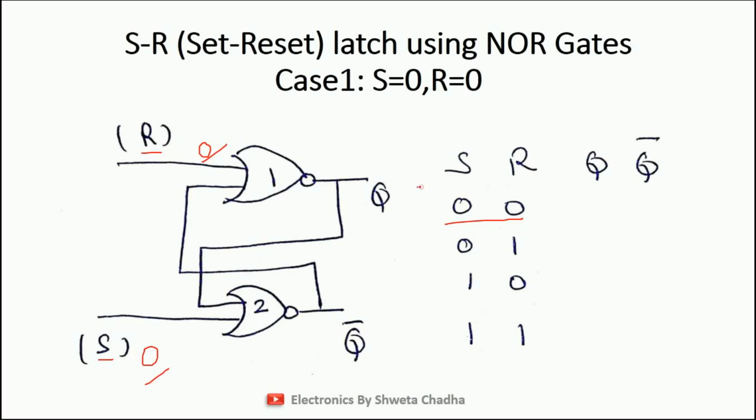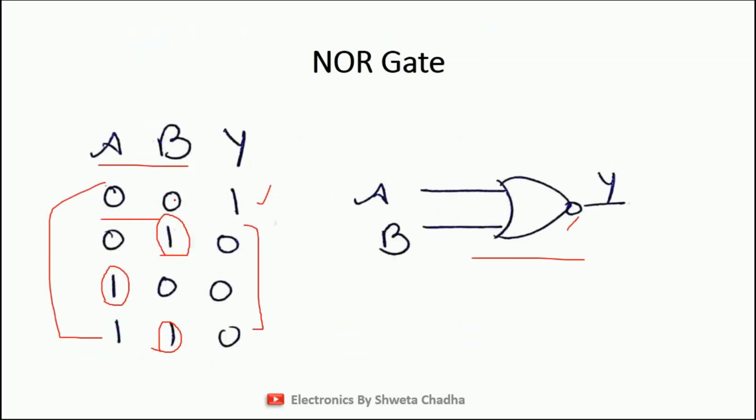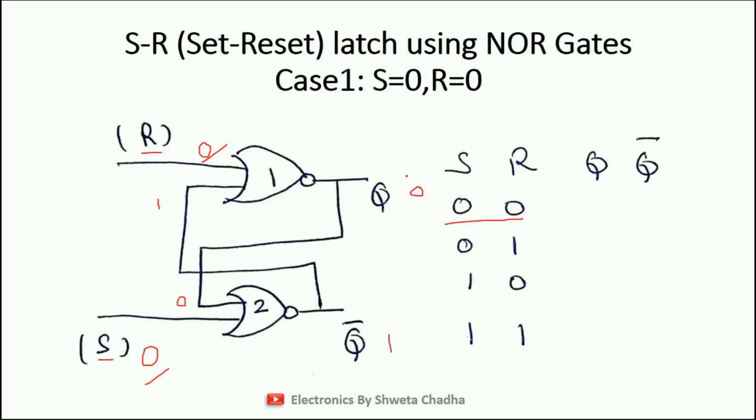Let us take the first assumption. The first assumption I have taken is 0, 1. As you know, we can only take two assumptions, either 0, 1 or 1, 0. Here comes our first assumption, 0, 1. So 0 will be given over here and 1 will be given over here. 0 and 1, just see the truth table, the output is 0.